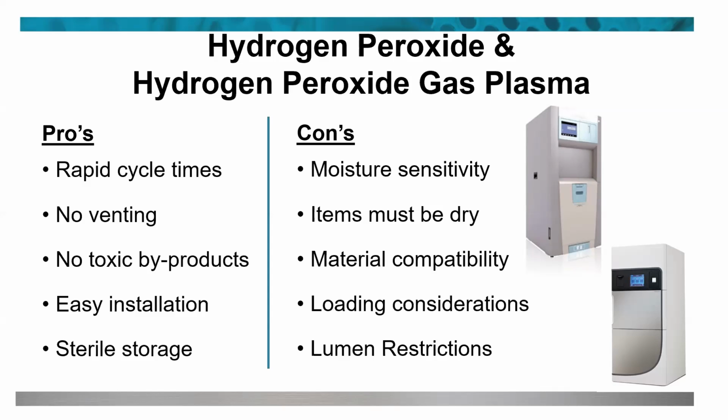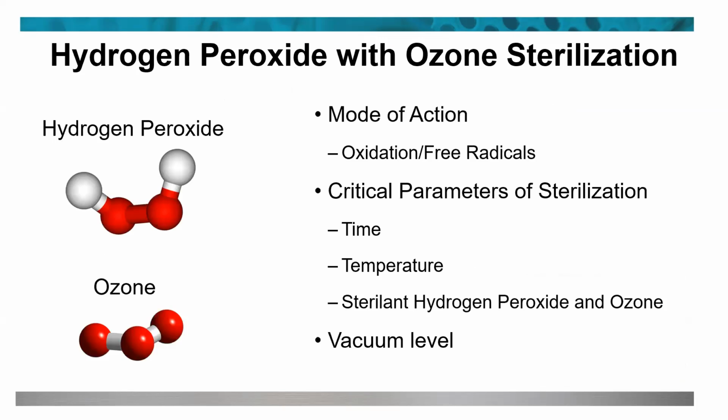So we have to remember how long our lumens are and what size they are in diameter too. So when we talk about hydrogen peroxide with ozone sterilization, again, this is the last type that we'll talk about, because it combines a second sterilant in ozone.